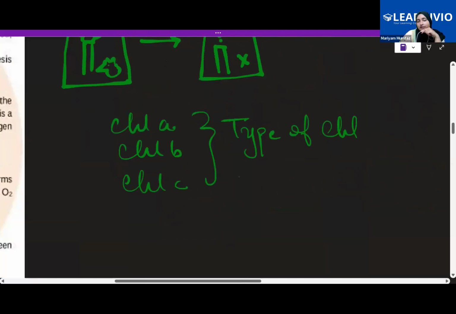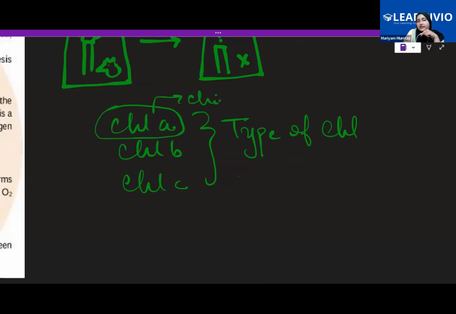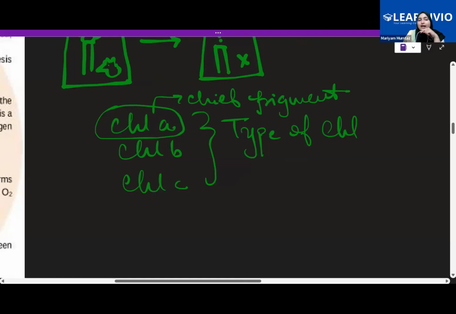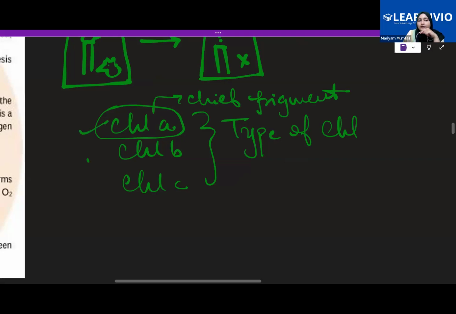Now, amongst these, chlorophyll A is the chief pigment, whereas all the other ones are the photosynthetic pigments which are accessory. Chlorophyll A and chlorophyll B are very important as far as photosynthesis is concerned.